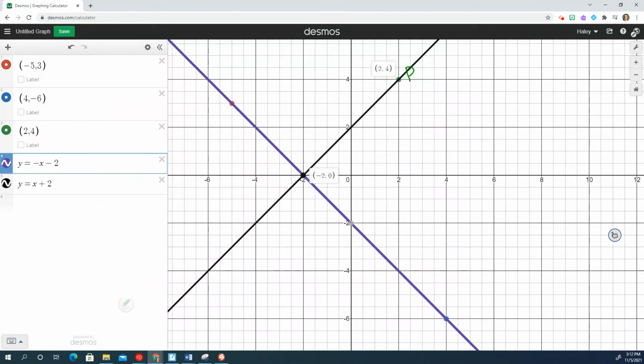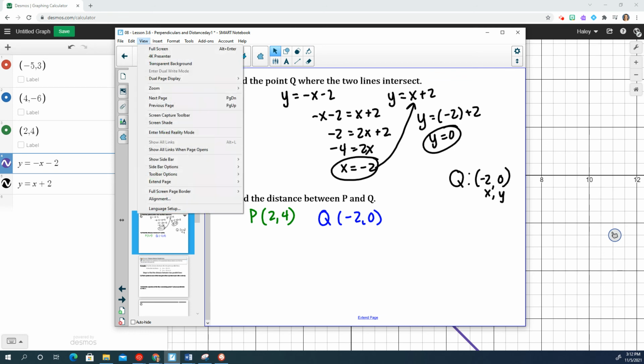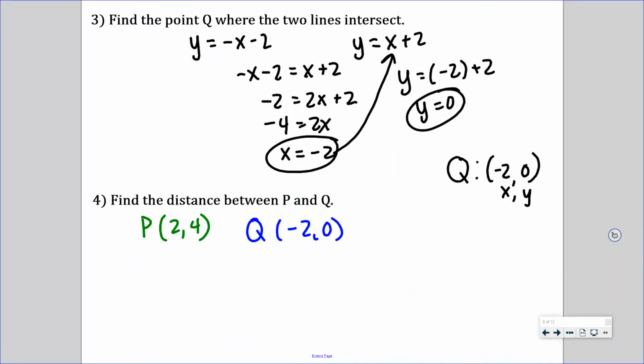So now you got to find the distance between those 2 points. Using our good old friend distance formula.